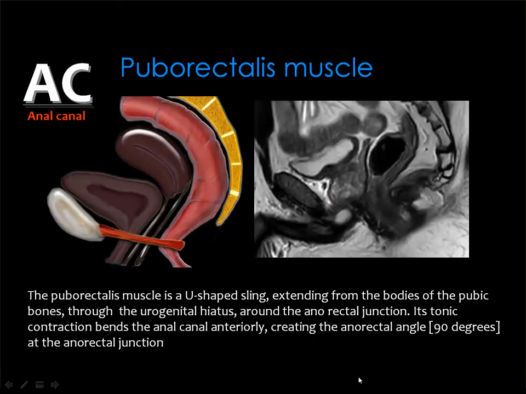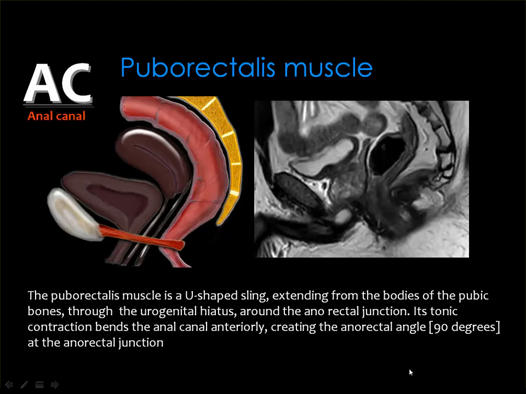Then what is the puborectalis muscle? The puborectalis muscle is a U-shaped sling which is connected anteriorly to the pubic bone, and it forms a sling around the anorectal junction and goes back to the insertion site.